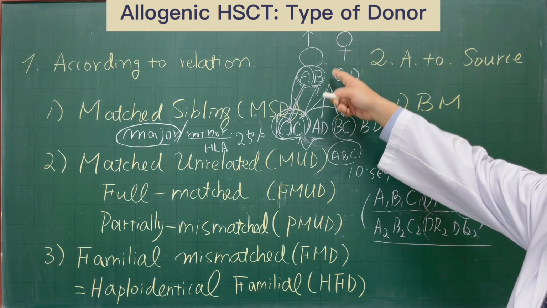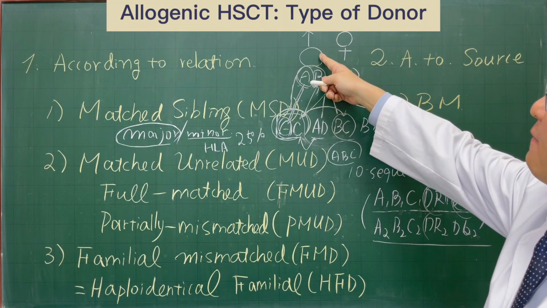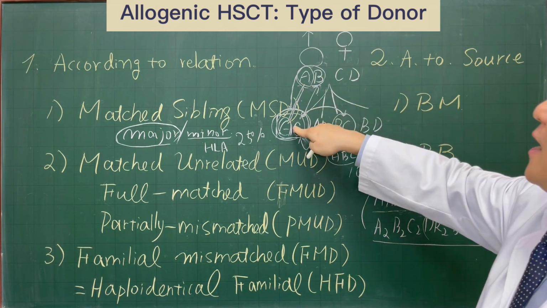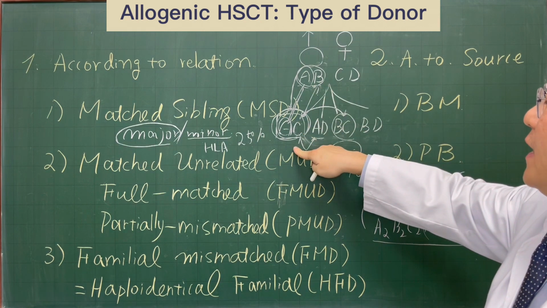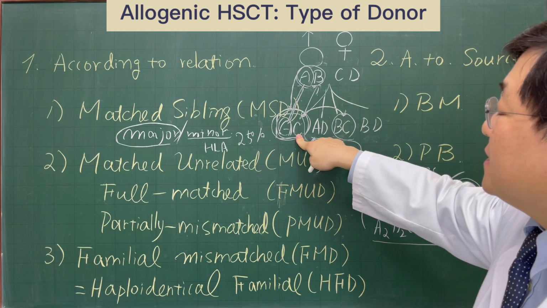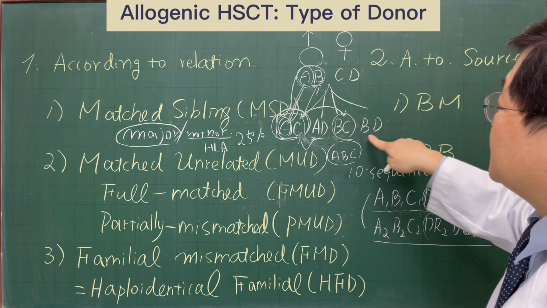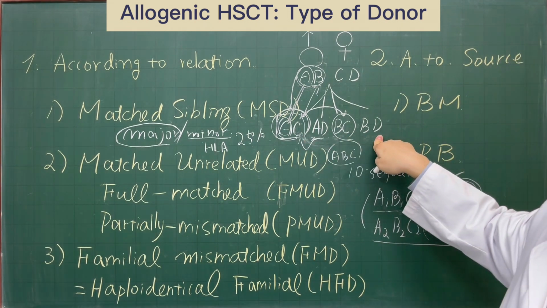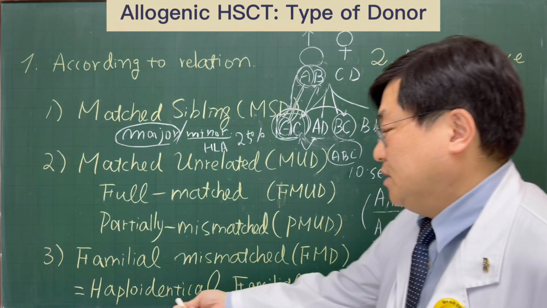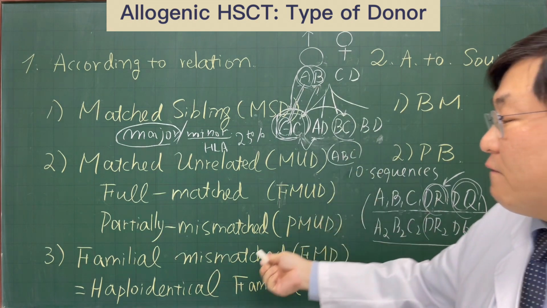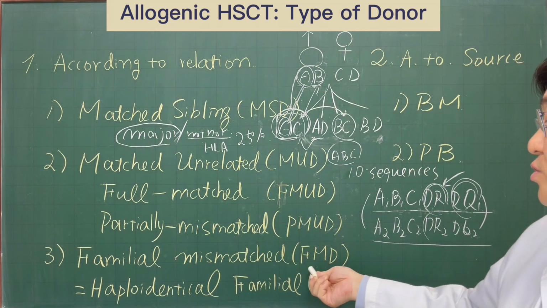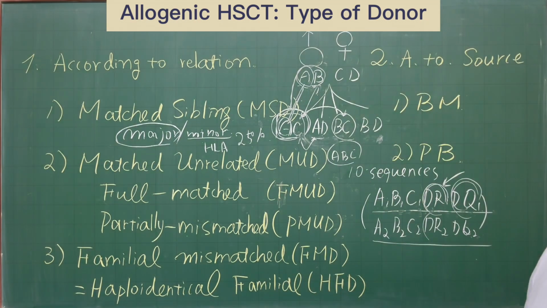So basically, the parents and the offspring always will be haploidentical, and we can find a 50% chance of a haploidentical donor from our siblings. So we always have possible candidate donors from our family when we decide to use the family mismatched donor or haploidentical family donors.